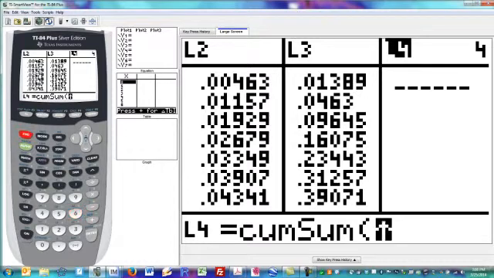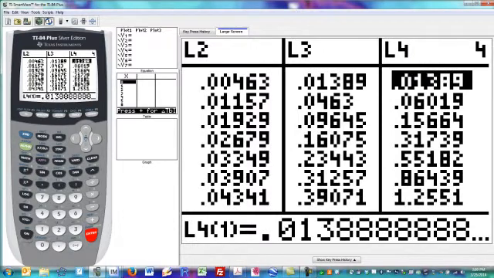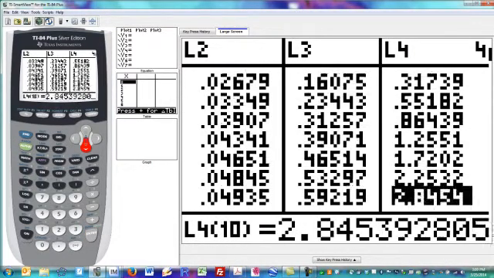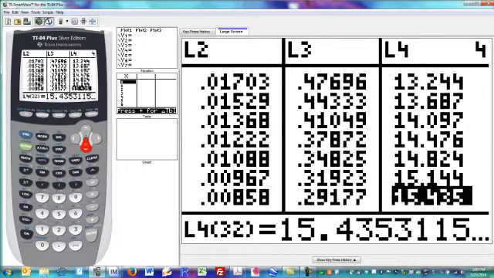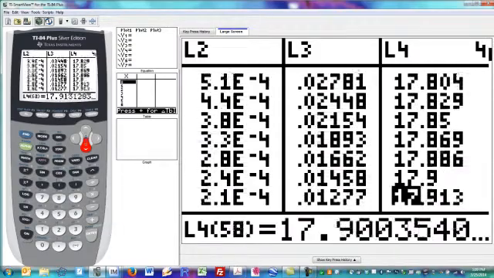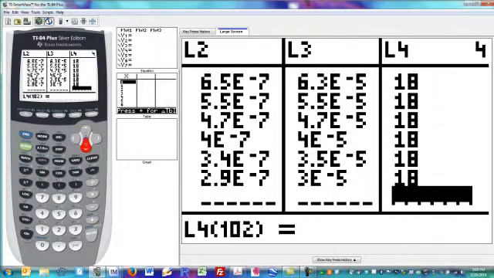Let's see, and in parentheses, hit enter. The big question mark here is: is there some finite value we're approaching? You can see that things are increasing in the cumulative sum, still increasing. But now we're starting to slow down, and things are really slowing down now, and it appears that we are approaching 18 as a limit.